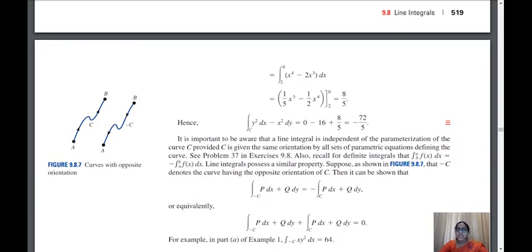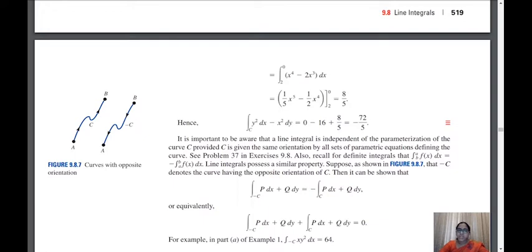So for example, in the first part of example 1, for the integral over C we had to calculate xy square dx. We had got a negative value. So the integral over minus C will be nothing other than minus of minus 64, that is 64.